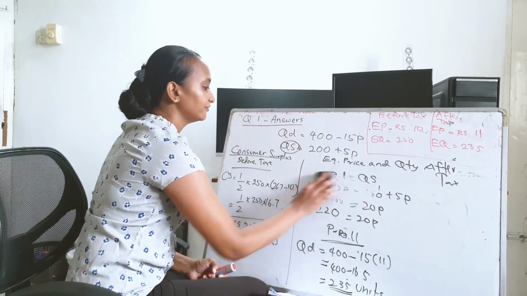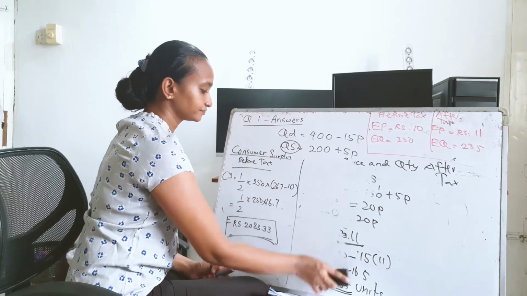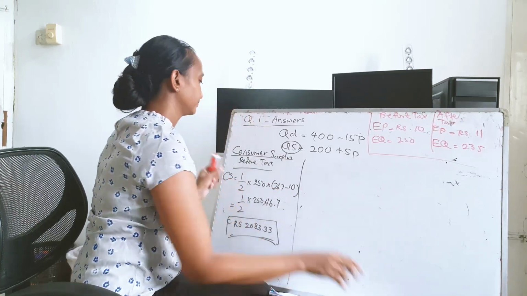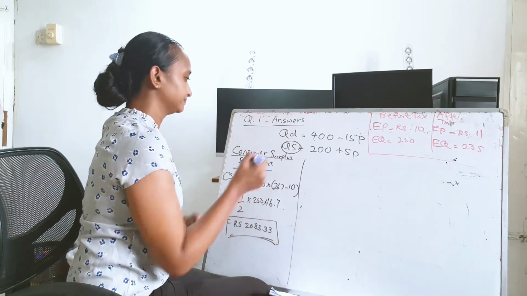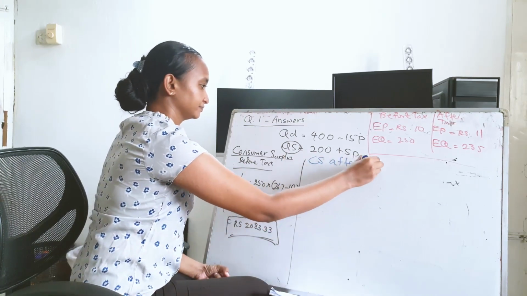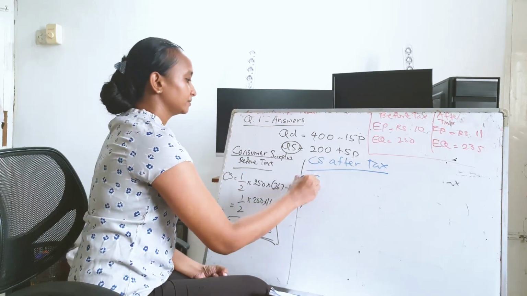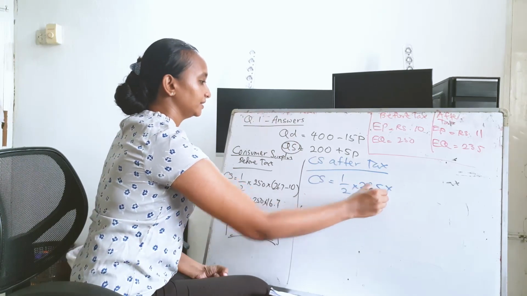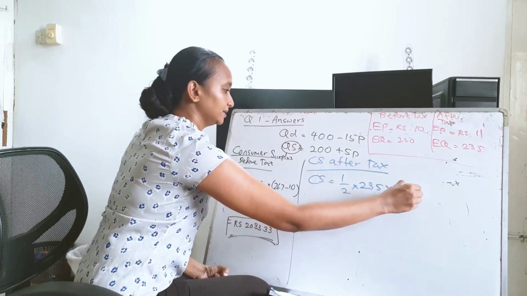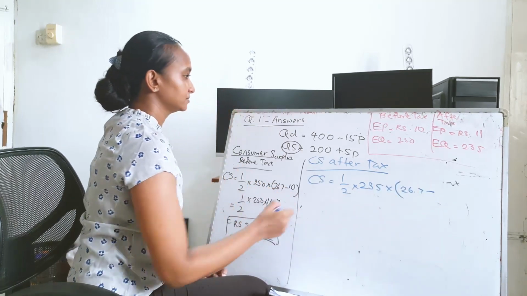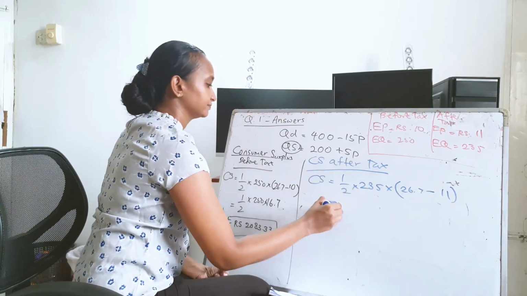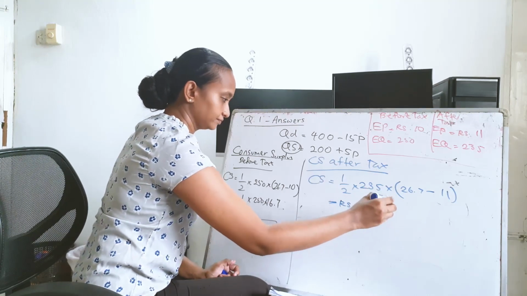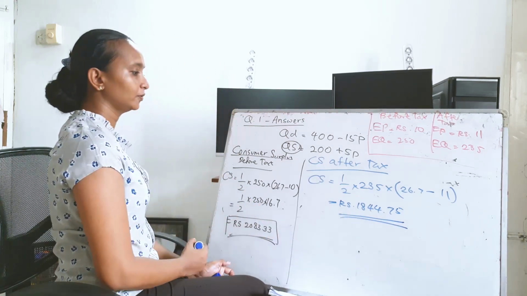Then you can find consumer surplus after tax: half into equilibrium quantity after tax 235 into maximum price, which won't change, 26.7, minus the equilibrium price, now 11. That gives 1,844.75.